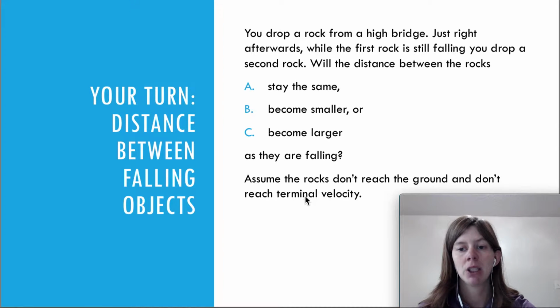The object will be going at a constant velocity. We're not going to ever have to worry about this in this course. I just wanted to mention it in case you thought they had reached terminal velocity. So they're never going to reach terminal velocity in this course.